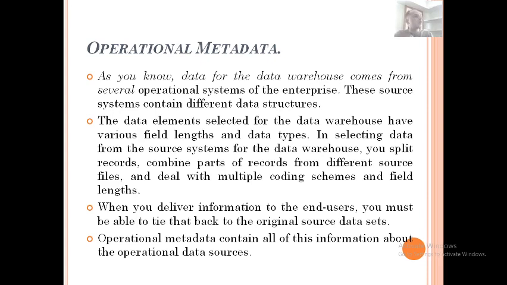As I told, Big Bazaar's operational system maintains one type of database system with its own data fields, and another branch running in a different city has a different database description. Whenever you combine those into the data warehouse, we need to bring it into a common platform. Operational metadata contains all of this information about the operational data sources.